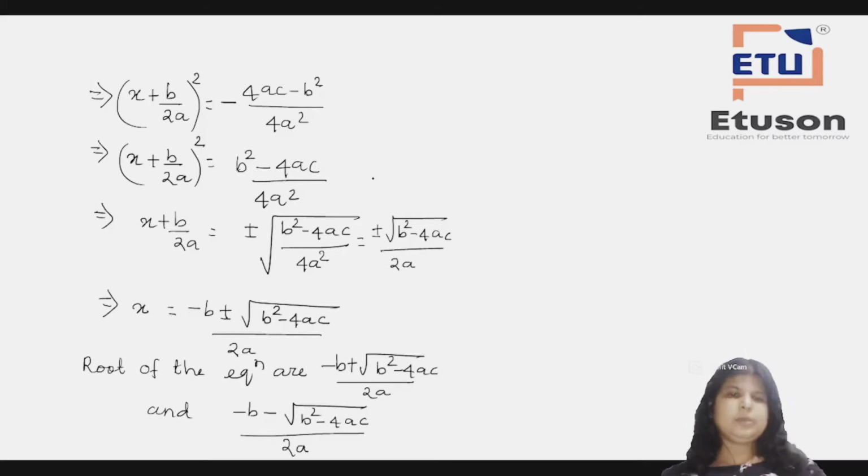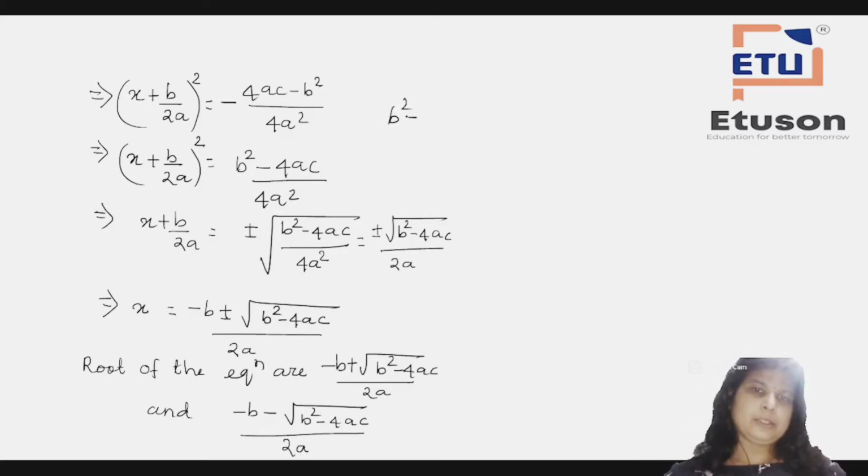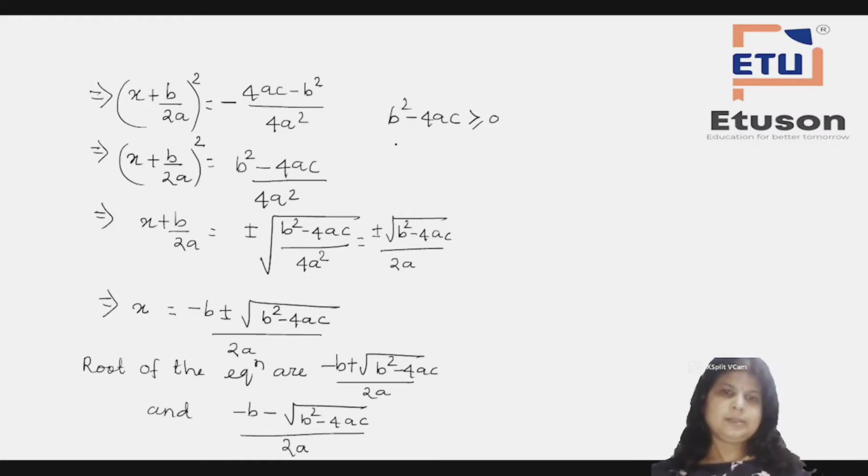So remember, this b square minus 4ac should be greater than or equal to 0. Otherwise you cannot obtain real roots, right?